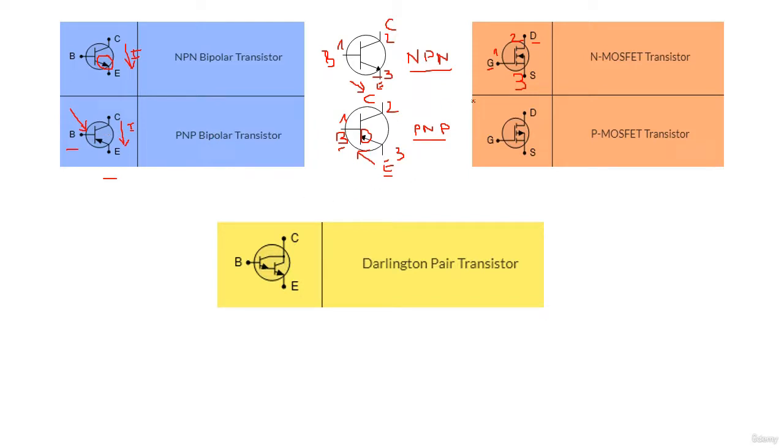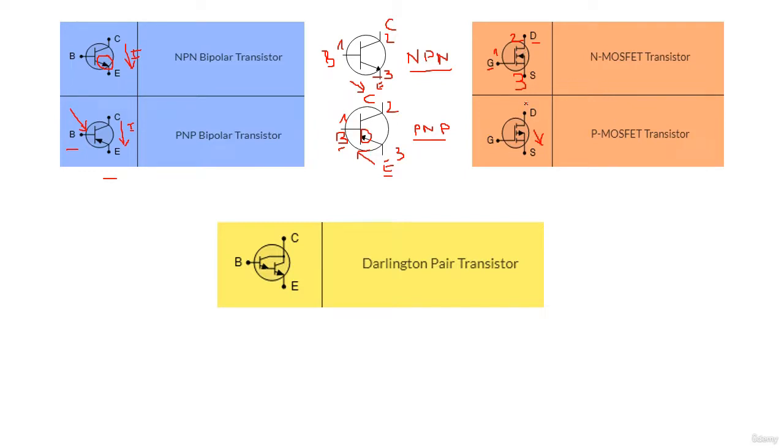For the N MOSFET transistor, the arrow goes from source to gate, but in the transistor, it is the opposite. And for the P MOSFET transistor, the arrow goes from gate to source, as you see. But in the PNP transistor, it is the opposite. Okay, so this is the MOSFET as you see here.